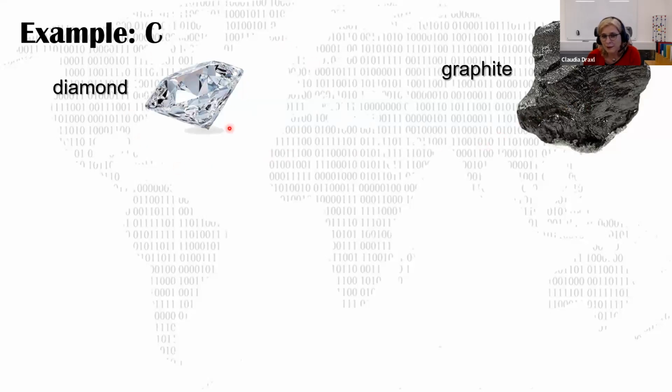Diamond is the hardest mineral we know, graphite is extremely soft. So how come that two materials that are very similar in one sense are completely different in another?